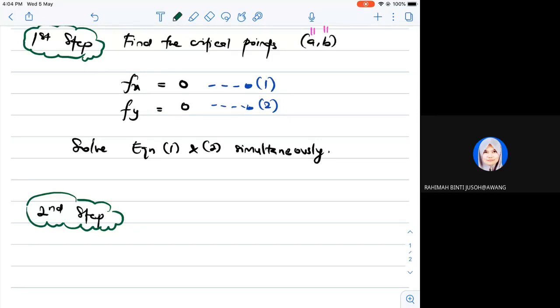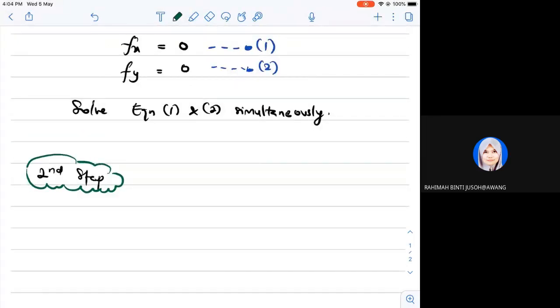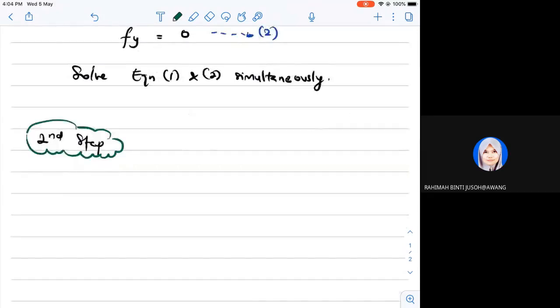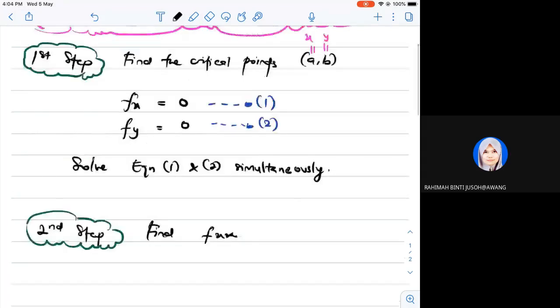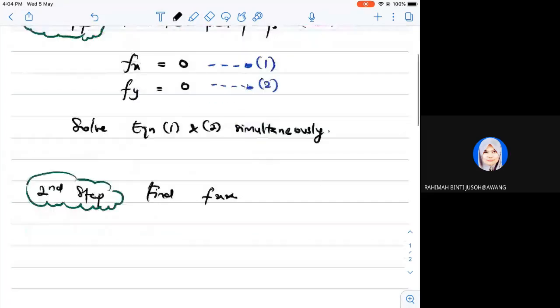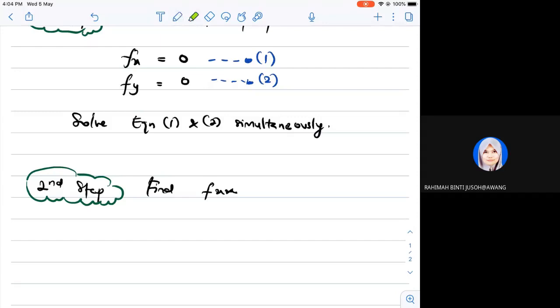The second step is we have to find the higher partial derivatives, which are fxx, which means you have to differentiate your fx again with respect to x.